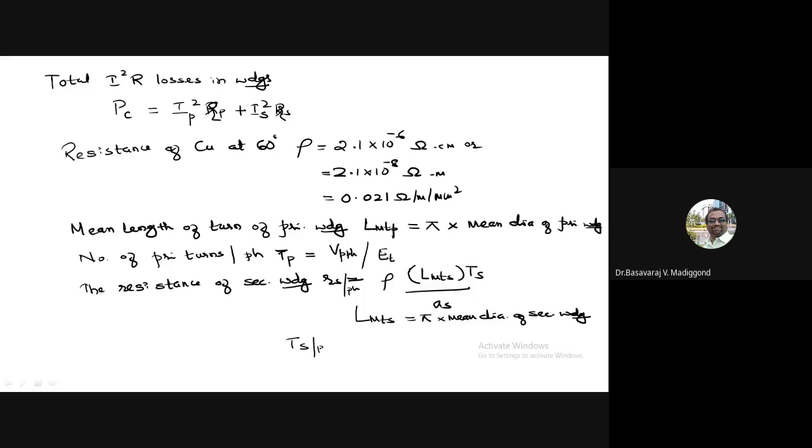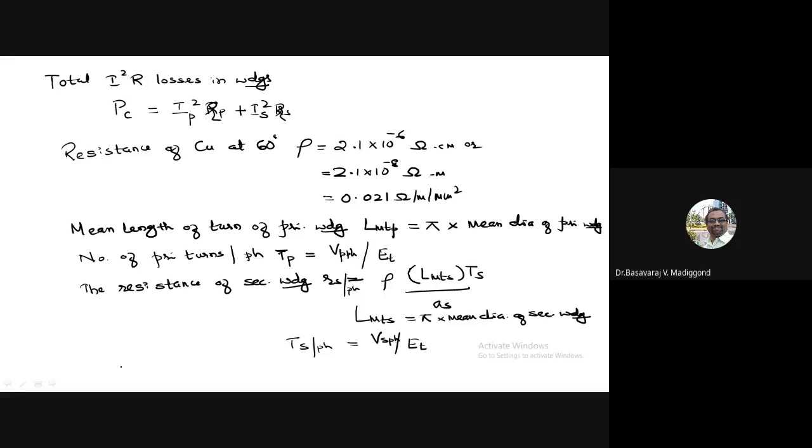TS per phase is VS per phase divided by ET. Therefore, the resistance of the transformer referred to the secondary, just now I have given to you. This is about the resistance.